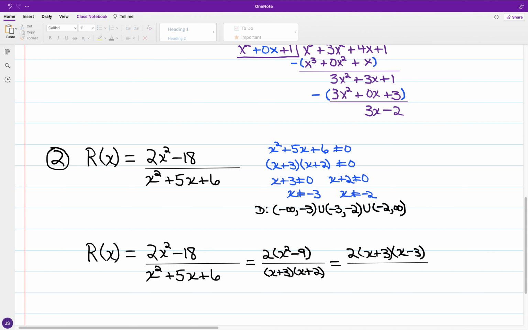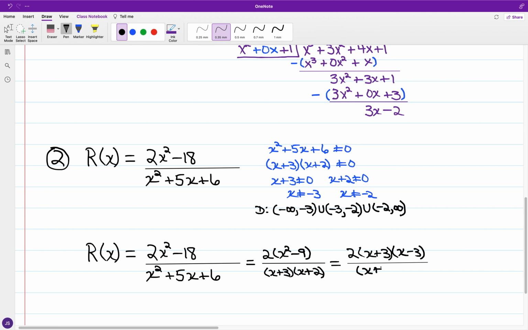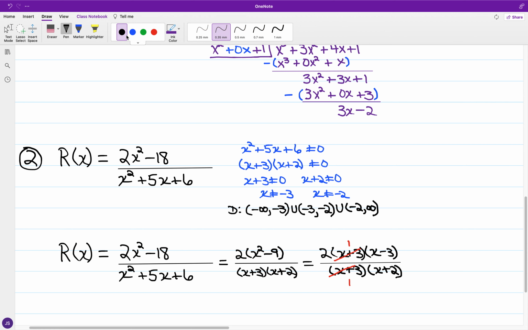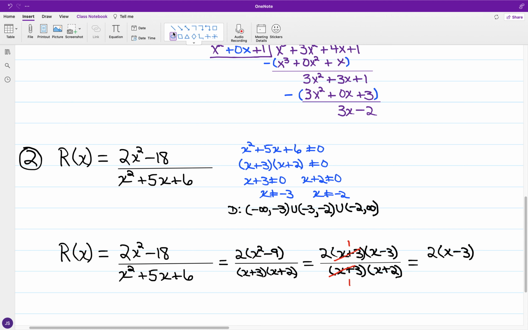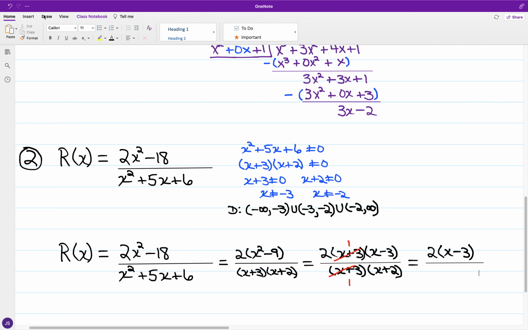Looking at what we have over the factored denominator terms, we have x plus 3 common to the numerator and denominator, so x plus 3 cancels completely. In the simplified form, I'm just going to leave it in factored terms: the numerator, you can say 2x minus 6, or 2 times the quantity x minus 3, all over x plus 2.